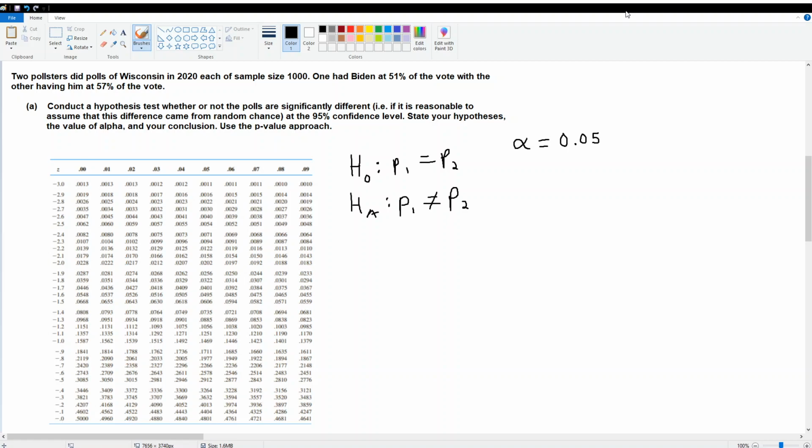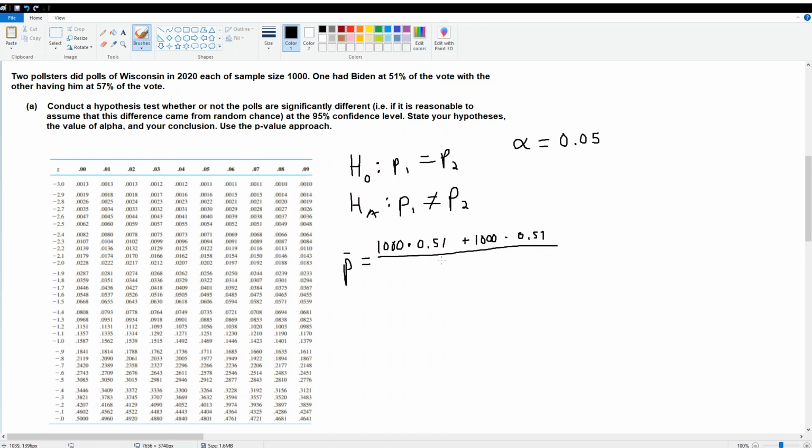We first need to get our pooled estimator. Since each of them has the same sample size of 1,000, it's going to be the halfway point, but let's show using the full formula. In this case, we're going to have a sample size of 1,000 times 51% for our first poll. We'll have another sample size of 1,000 times 57% corresponding to our second poll.